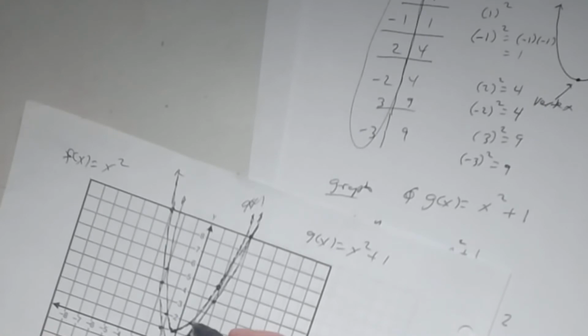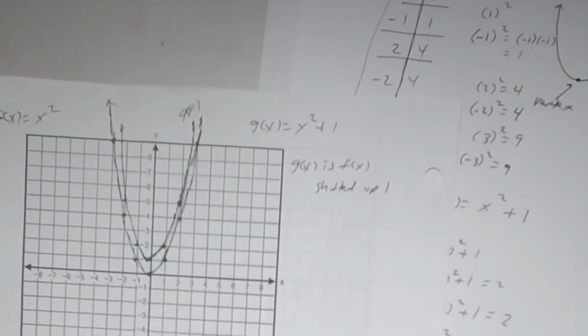So when I add 1 to the y value, the graph is shifted up 1. This y value is 1, 1 plus 1 is what? 2. This y value is 4, 4 plus 1 is 5. That's what you're doing. So g of x is f of x shifted up 1. Okay?